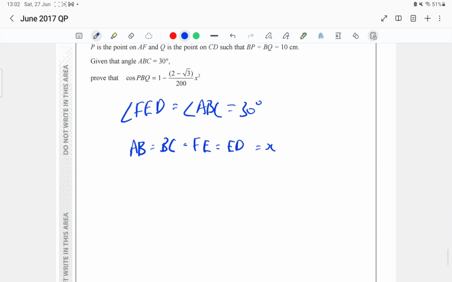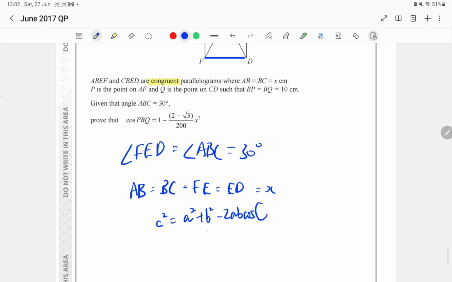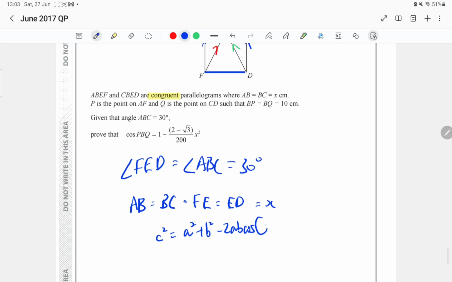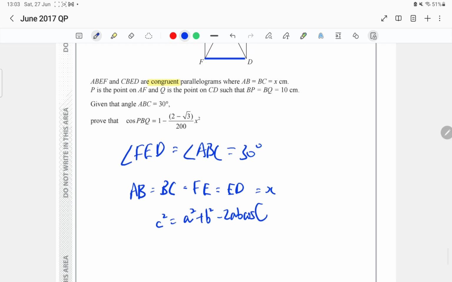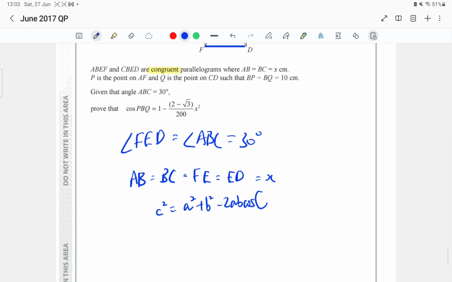Okay, so cosine rule. Let's write that down. c squared equals a squared plus b squared minus 2ab cos C. So the small c, small a, small b mean the length of the sides, and the capital C means it's the angle. Okay, so we want to find out the length of FD.